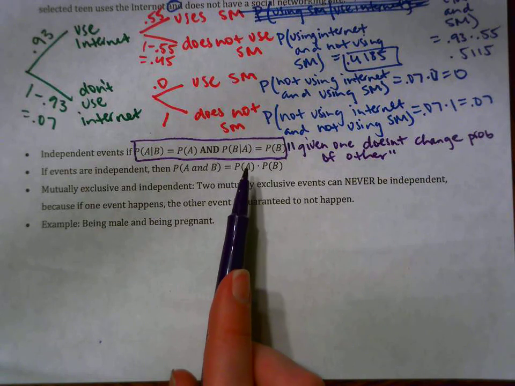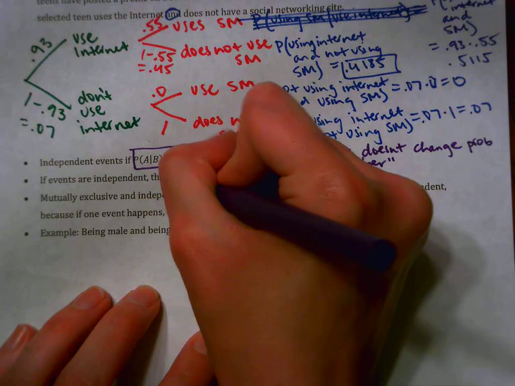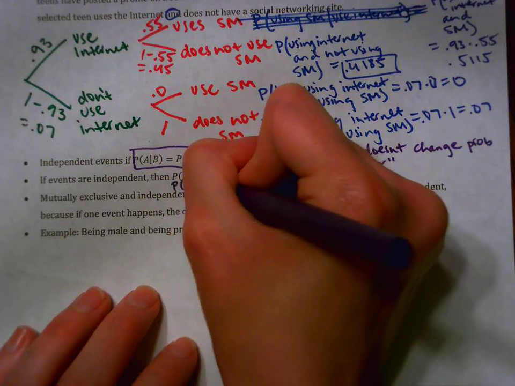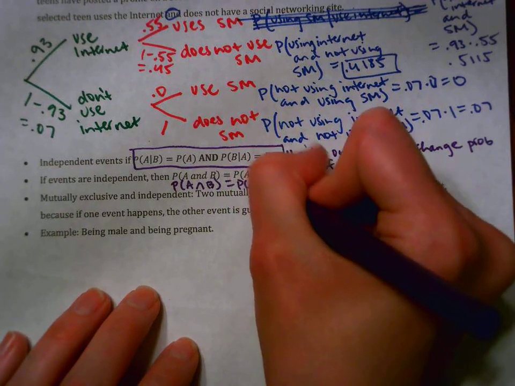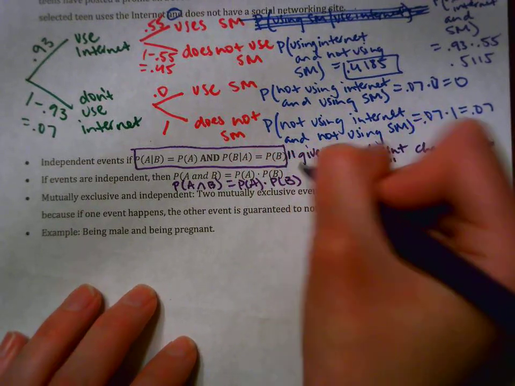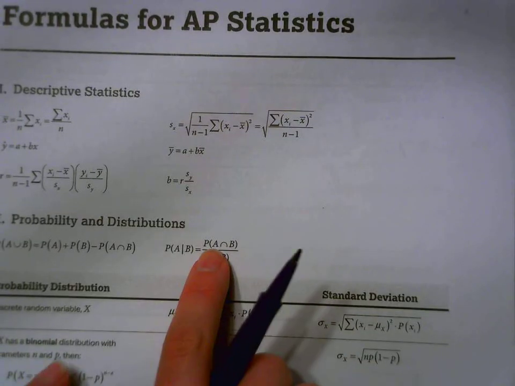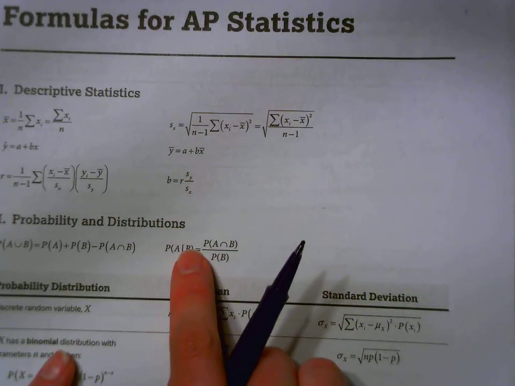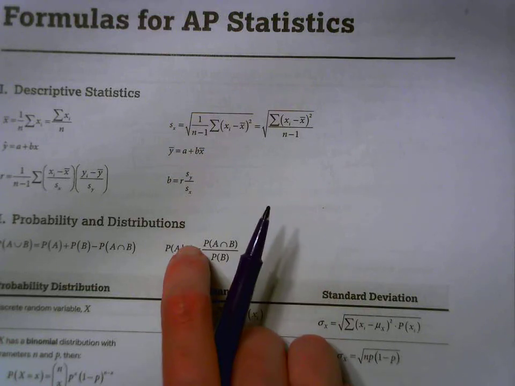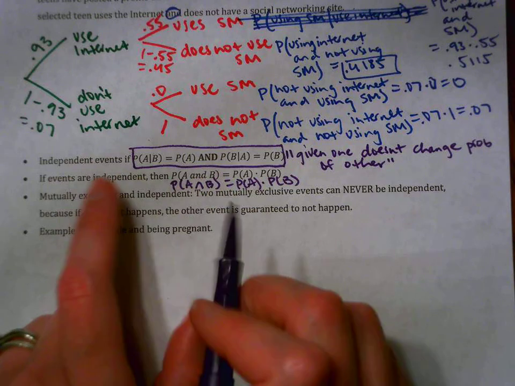The probability of A times the probability of B. So remember that this would be the probability of A and B, the intersection, upside down mu, would just equal the probability of A times the probability of B. That's why I say and is multiplication. Now if they weren't independent, it would be a little bit more complicated. You would have to manipulate this formula to get probability of A and B alone, so you'd multiply by probability of B, but I wouldn't worry about that, honestly. If you just remember this fact, it's probably going to work out to where they're independent.